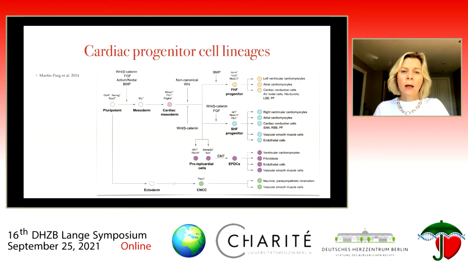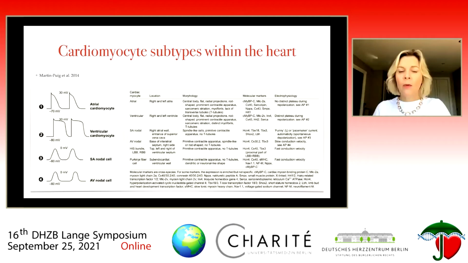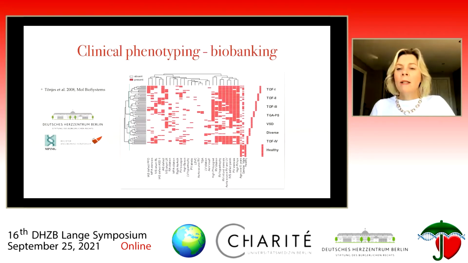So here are, I think, particular pediatric cardiologists are very well aware of these. You see different cardiomyocytes. So the atrial and ventricular cardiomyocytes have totally different action potentials, and have different molecular markers. So these are not just genetically on the expression level different cardiomyocytes, which you can really differentiate in a black and white manner. These are also physiologically different cardiomyocytes. So what does it bring us to?